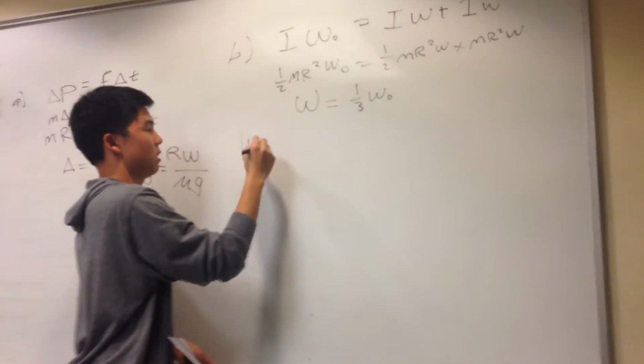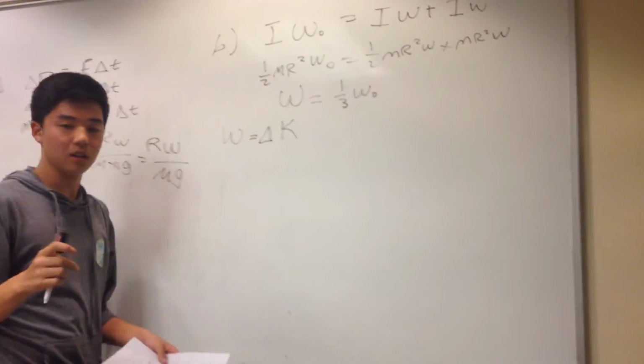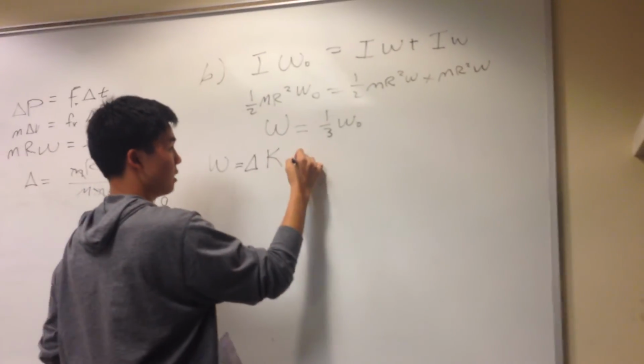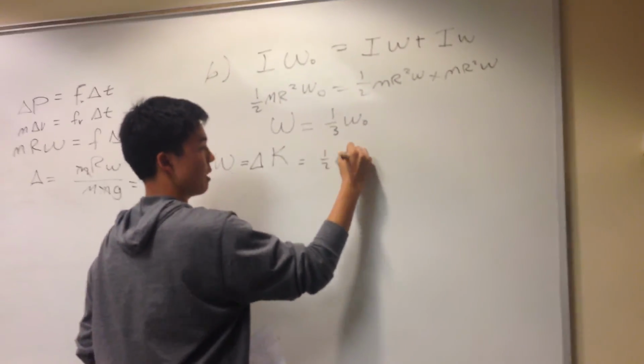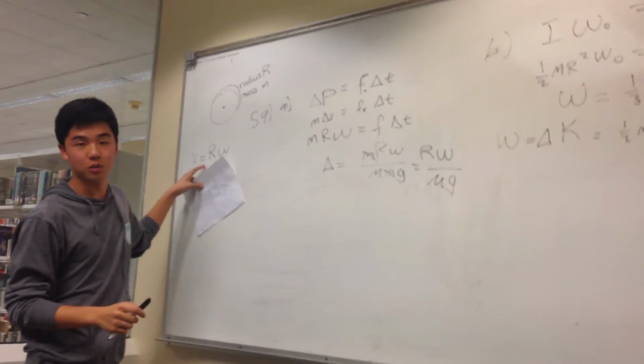Now we're going to use work. Work is the change in kinetic energy, and that would be 1/2 mv squared. And V, we said V equals r omega, right?